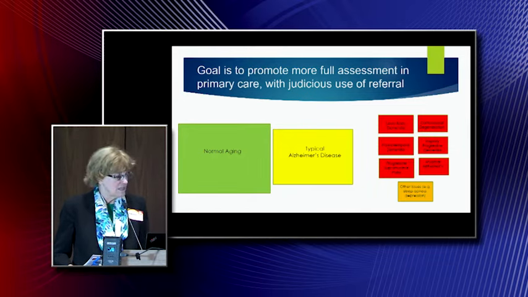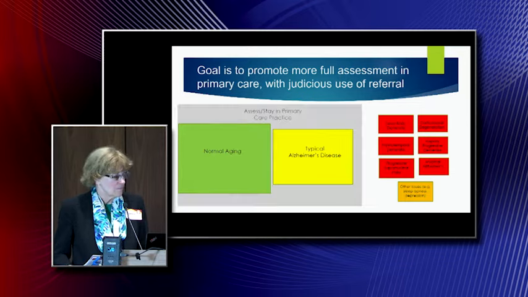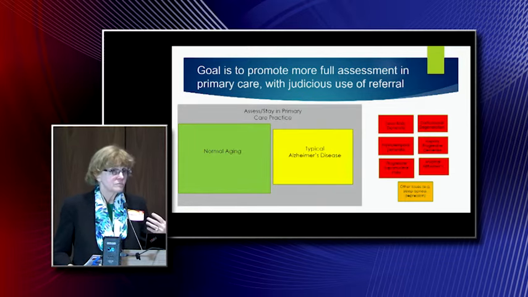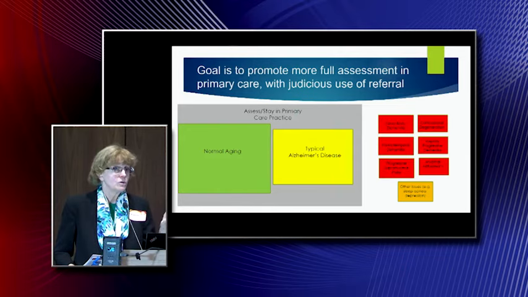So the idea is, with the use of the toolkit, normal aging and typical Alzheimer's disease can stay in primary care and will not need a referral. Those that bump up against red flags or show that there's something else going on are going to need a referral. The toolkit's goal is to bifurcate right there.